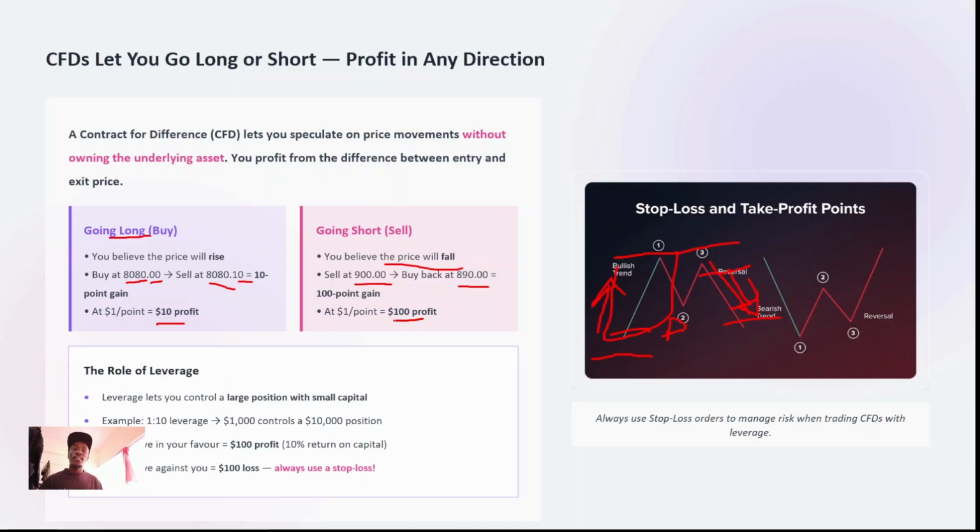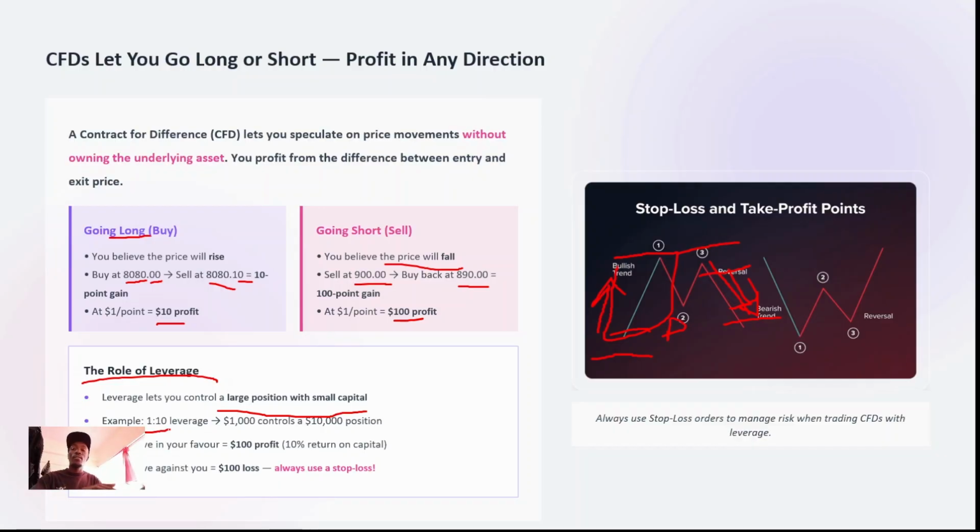As easy as that. And as you can see here, you have the rules of leverage, and I had explained that. The leverage lets you control a large position with small capital. For example, if you use 1:10 on $1,000, you control a $10,000 position.